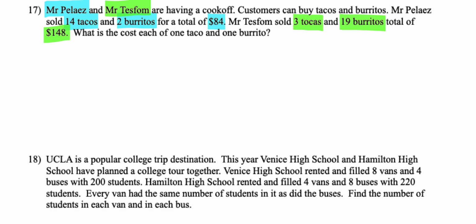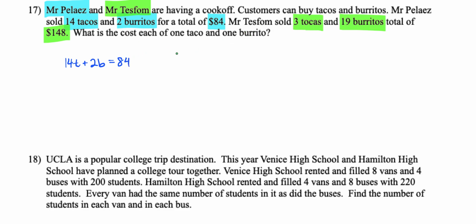The reason I do that is now it's super easy for me to know which information should go into which equation. All of the blue information I'm going to put in one equation. So I have 14 tacos. Instead of writing the word tacos, I'm just going to write t. And 2 burritos is equal to a total of $84.